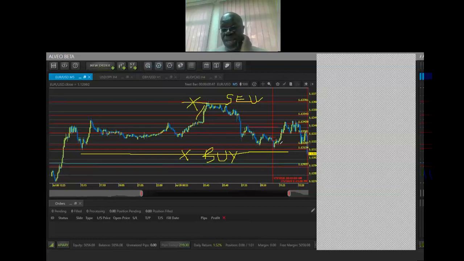So the mistake I made here was that I was here, and instead of taking buys, because I knew the market was going to come down and go up, I started selling. I started selling for these few pips. As you can see, my greed for a few pips was very painful because the market went against me, and at the peak I was minus 400 pips.